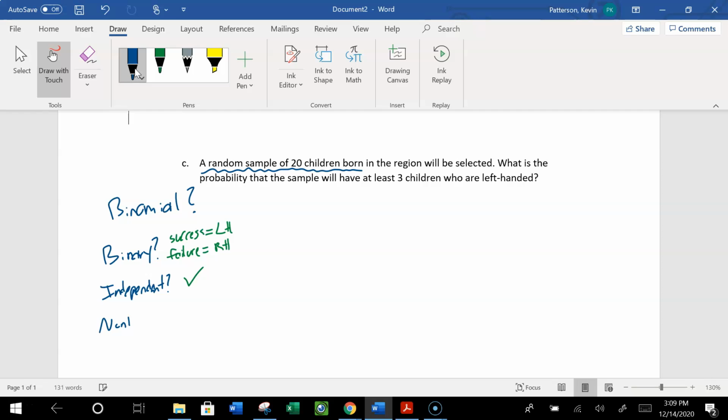N, is there a set number of trials? Yeah, there are. 20. And we have the same probability of success.